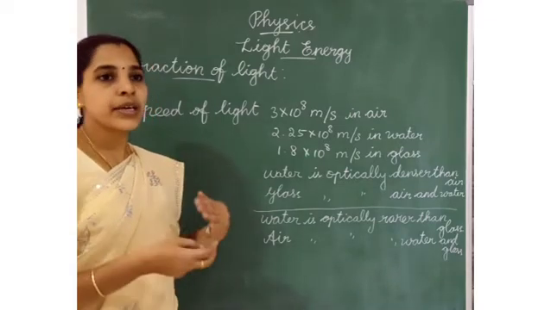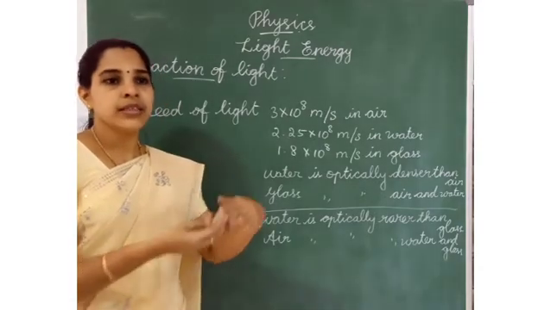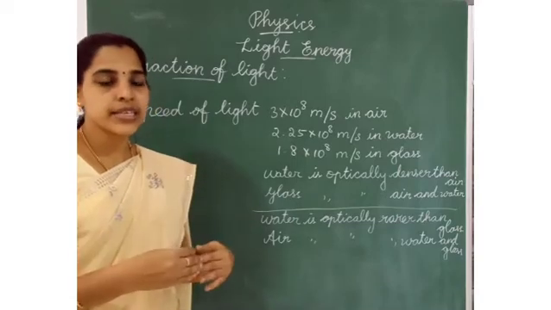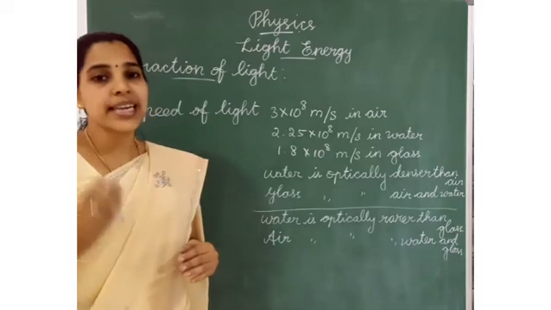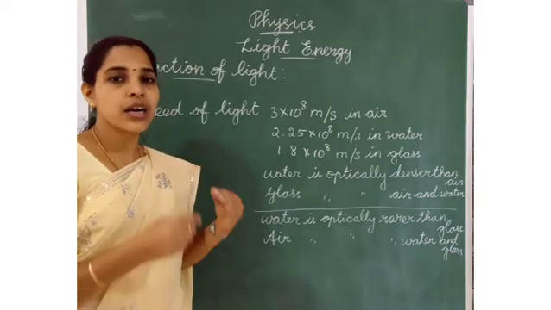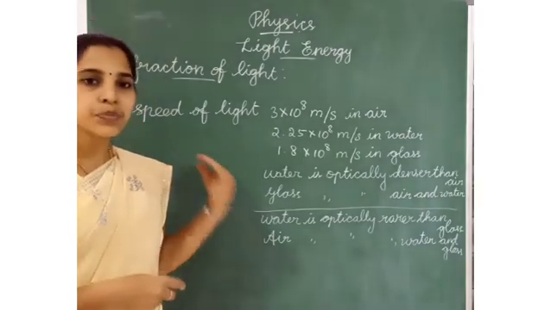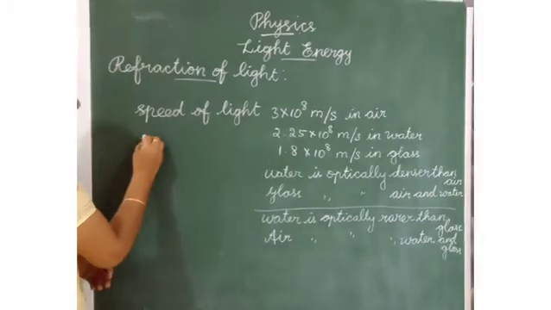In any other medium, if the value of the speed of light is less, it is going down, which means it is optically denser. According to the medium, it is classified into two types: optically denser and optically rarer.